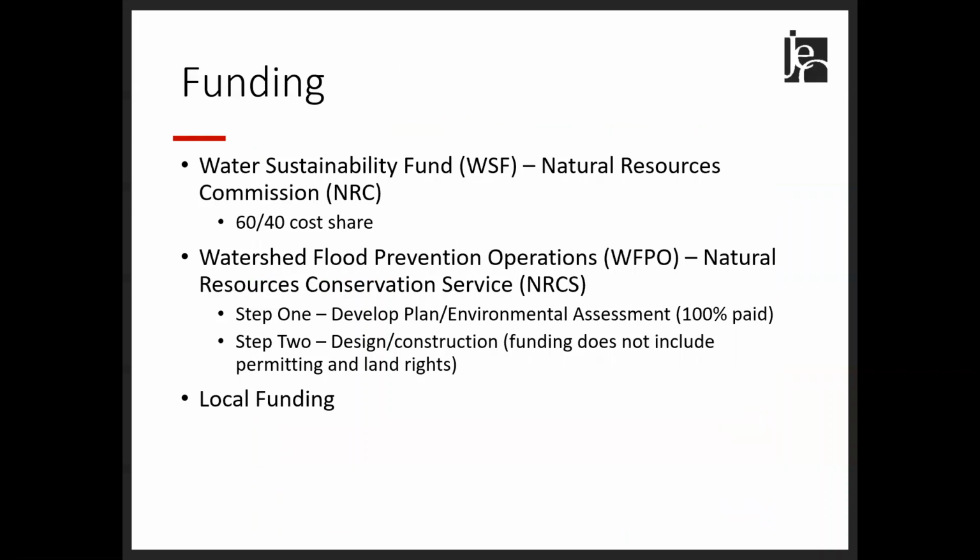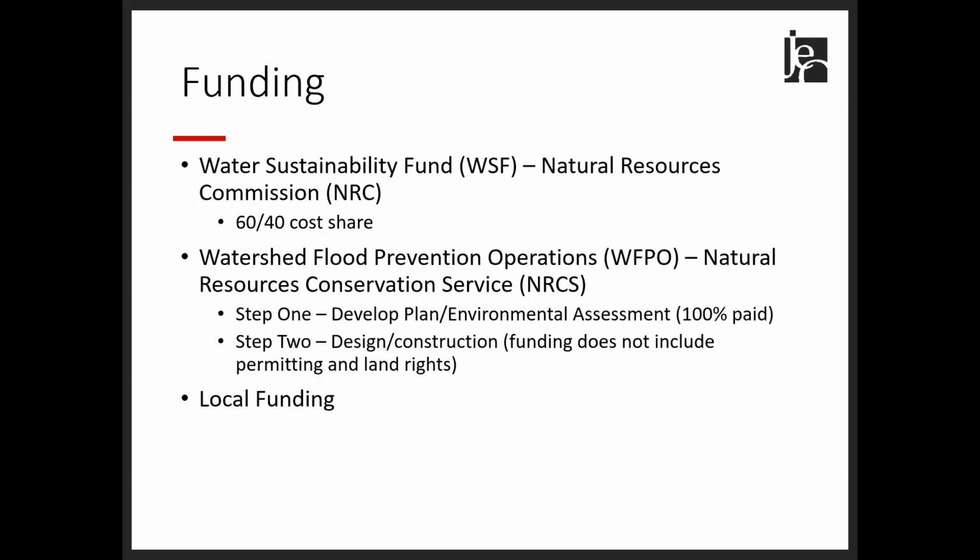To talk about funding of the alternatives and the projects that we recommended in the previous slides, one of the first funding sources that would be eligible is the Water Sustainability Fund through the Natural Resources Commission here in the state of Nebraska. That's a 60-40 cost share, 40 being the local portion.